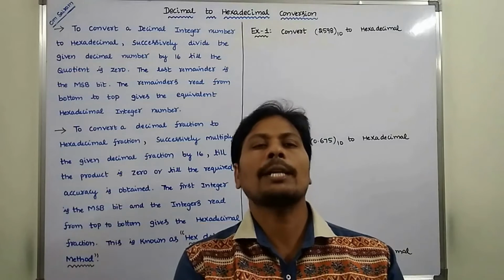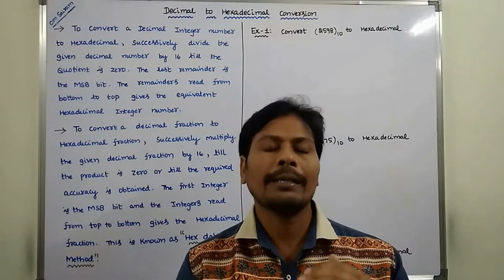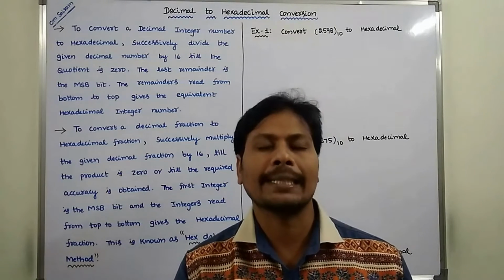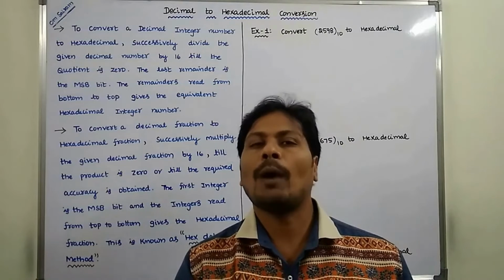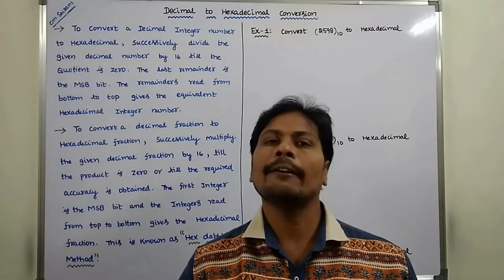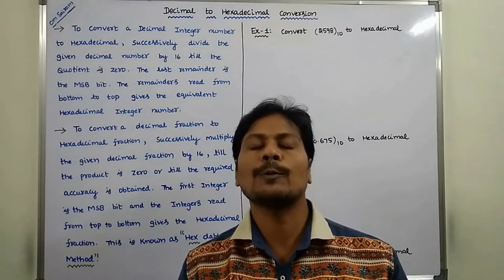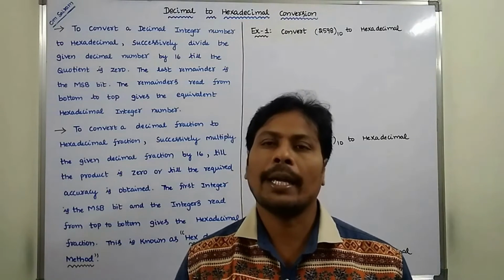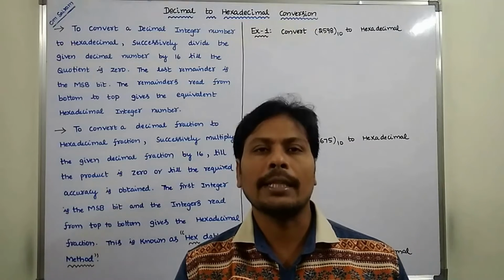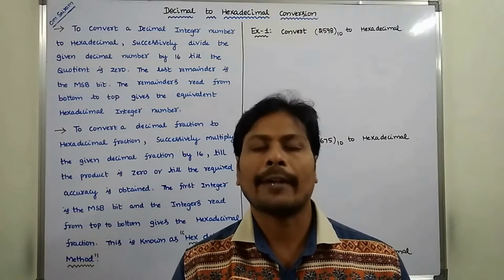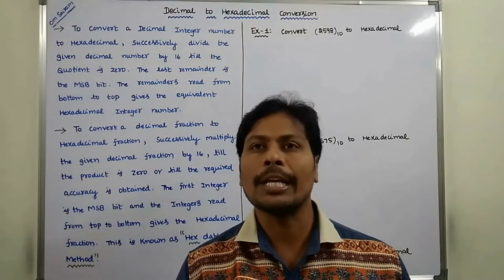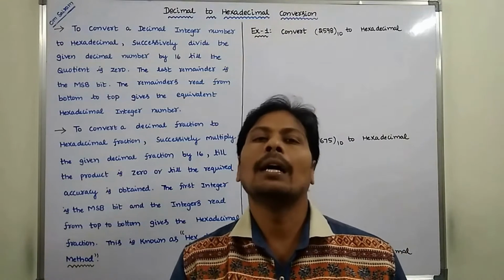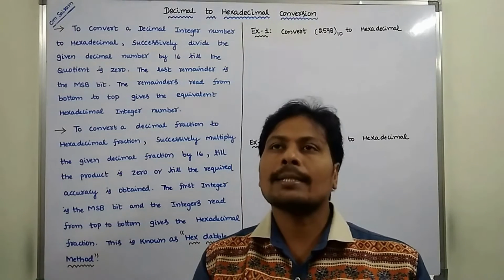Whatever the fraction part is, that fraction part is again multiplied by 16. Whatever result we are getting, from that result we have to separate the integer part and fraction part. Okay, this process is continued until the fraction part becomes 0 or a number repeats.